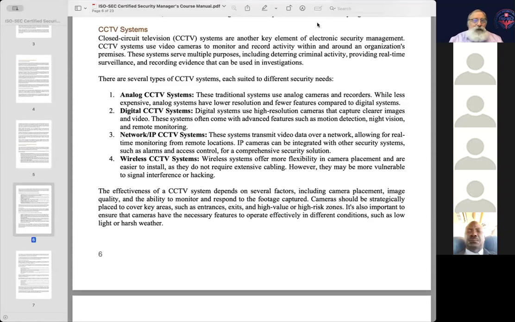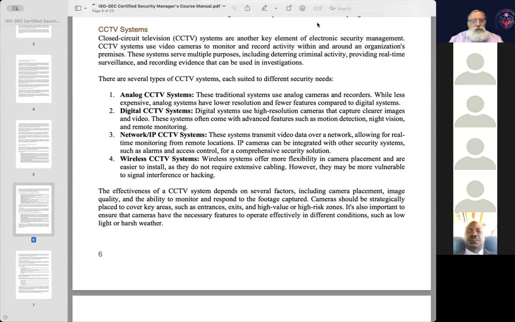Now, we have actually, as you can read, 4 different general types of CCTV, and lots of different qualities and types and so on, in every one of these 4 types.